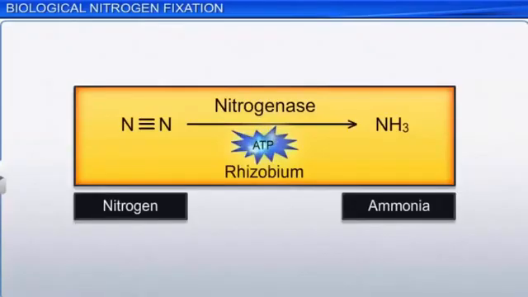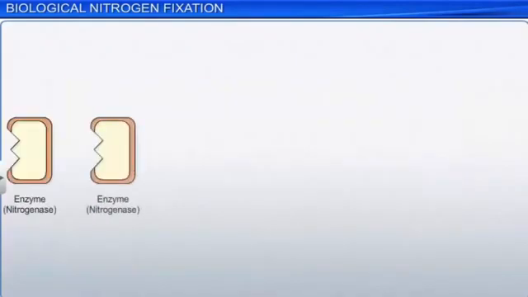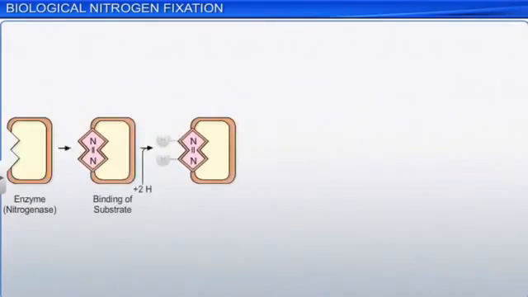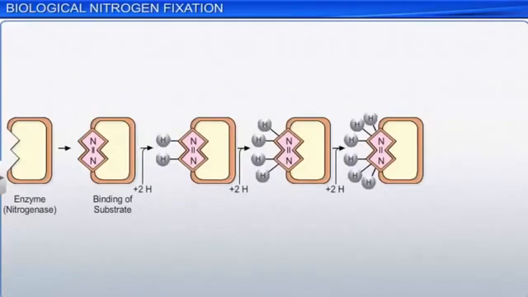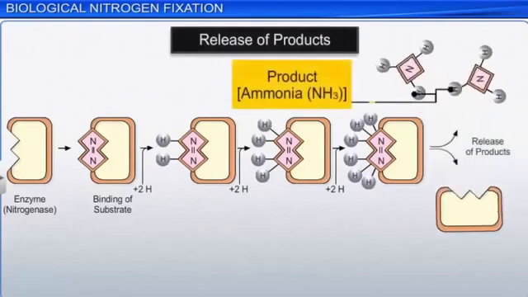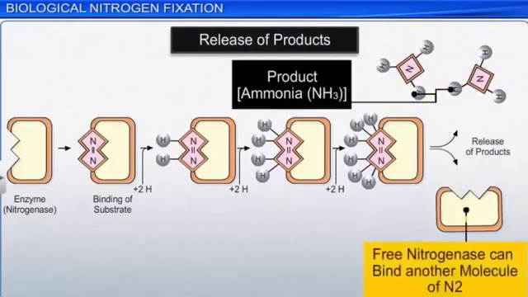Let's see how the enzyme nitrogenase converts nitrogen to ammonia. Nitrogenase first binds with substrate nitrogen and reduces it by adding 2 hydrogen atoms during each of the 3 stages until it finally forms 2 molecules of ammonia. After that, the enzyme is re-released to bind to another molecule of nitrogen.